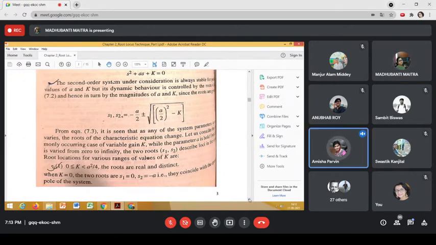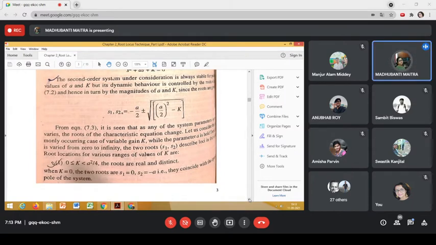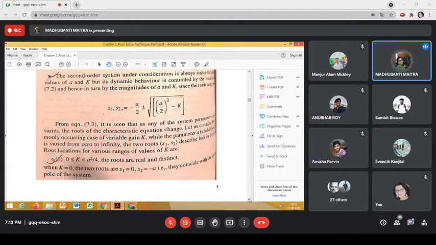Minus a by 2 and minus a by 2. That means if K is equal to a square by 4, the two roots are real but repeated in nature, isn't it? So for a value of gain K equal to a square by 4, the system will start behaving like a critically damped system.